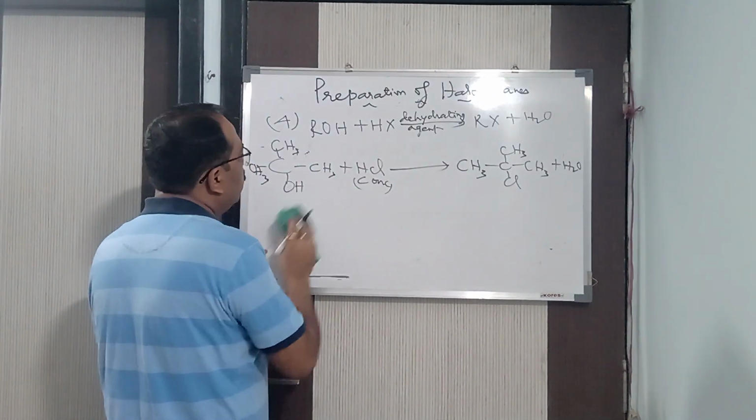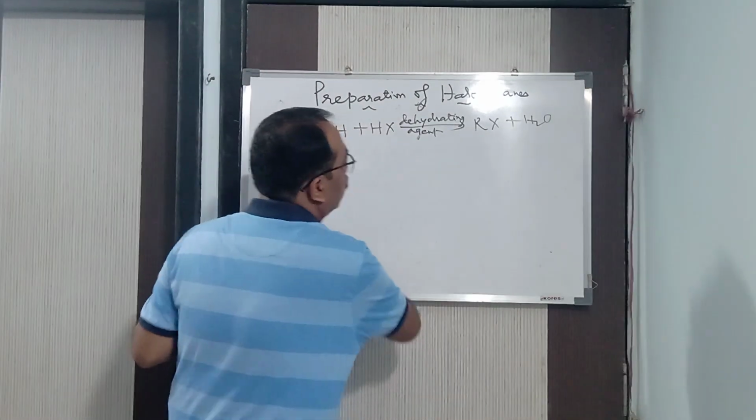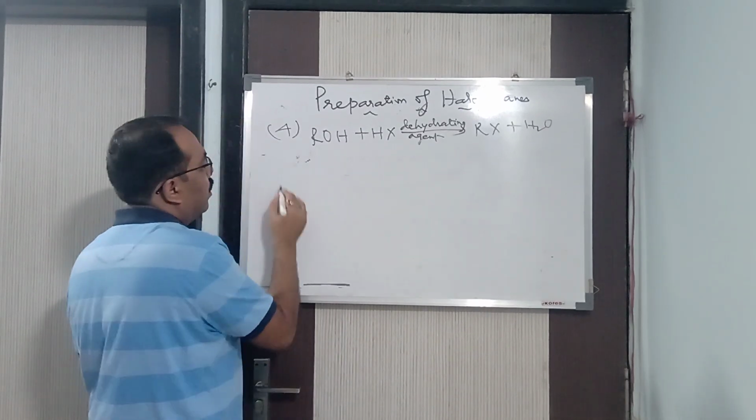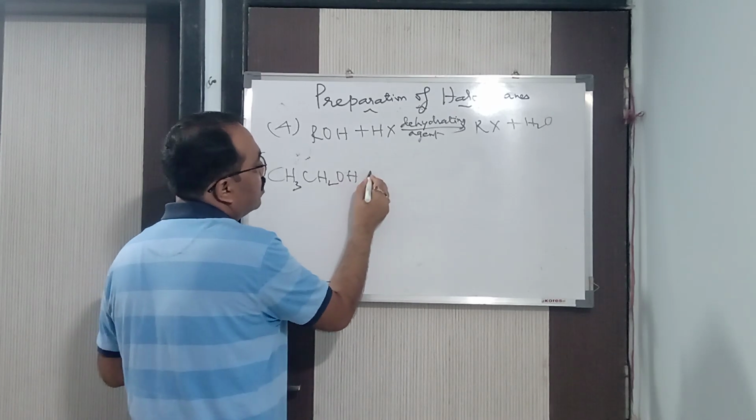Now remember, if I do the reaction with HBr, then we have to go for refluxing with HBr and HI. Let us say I am taking CH3CH2OH plus HBr.